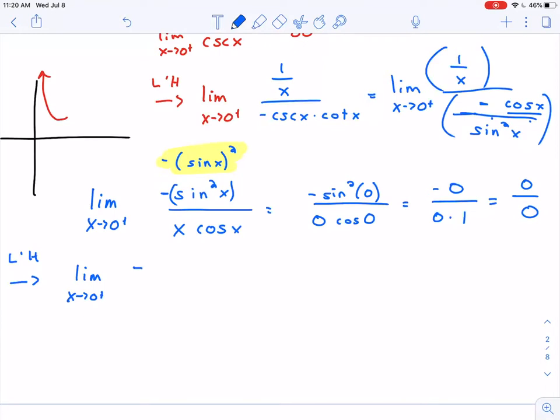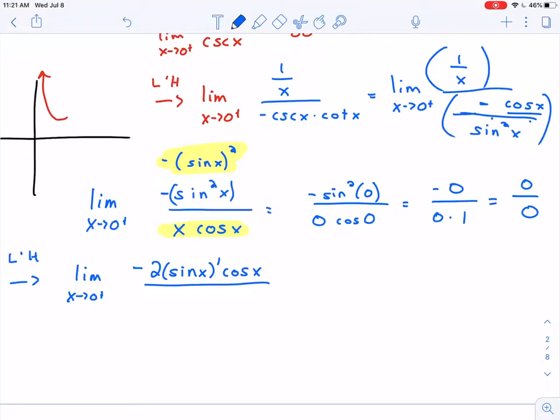This will look like negative 2 times sine of x to the first power times the derivative of the inside part, that'll be cosine of x, divided by, in my denominator, I have another problem here. I have x times cosine of x. This is a product rule problem.